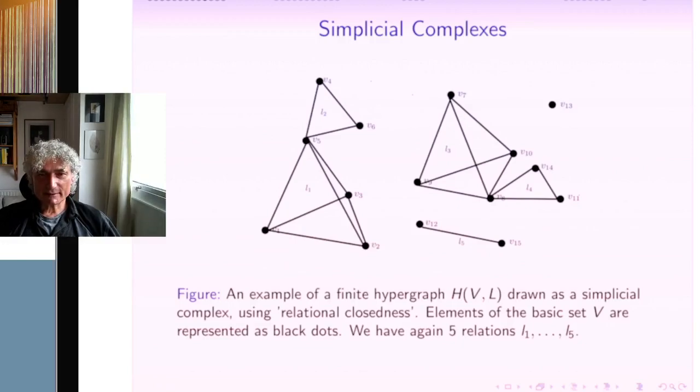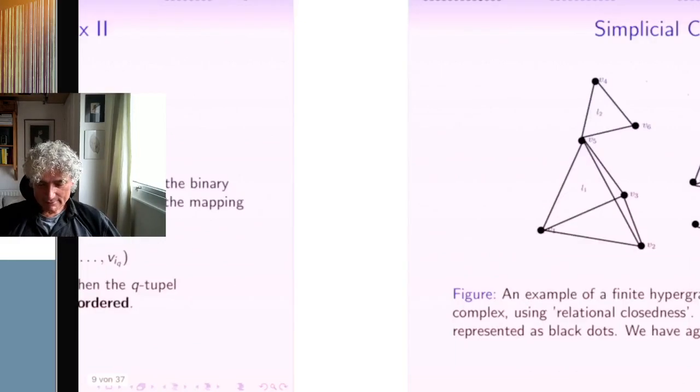So there is sometimes a reason why you include in something all sub-relationships. So this, for example, this triangle here is describing a 3 relationship, and you see that also all 2 relationships here in this simplicial complex are actually realized. So yeah, that is the simplicial complex.